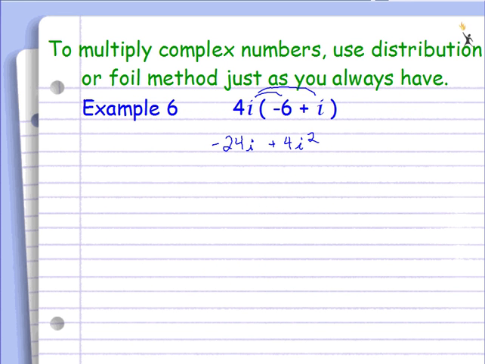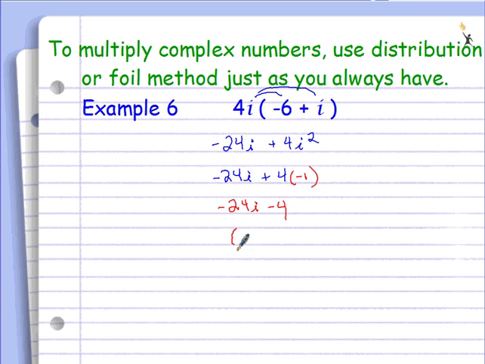So what I have here is negative 24i plus 4, and then because of that i squared, it's really a negative 1. So what I really have is negative 24i minus 4. So notice that this is now a complex number. I have a real part and I have an imaginary part.